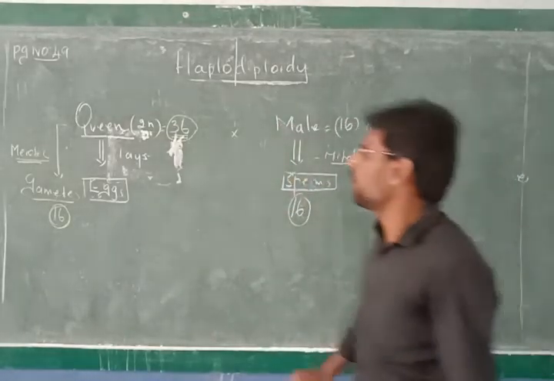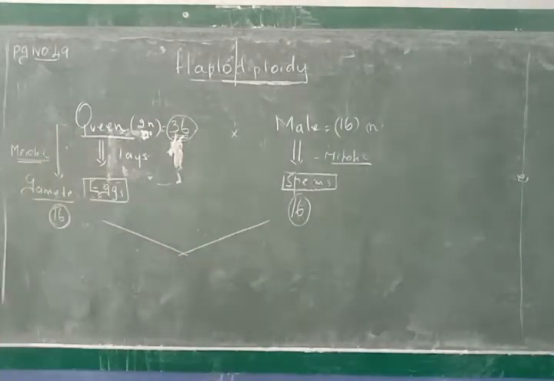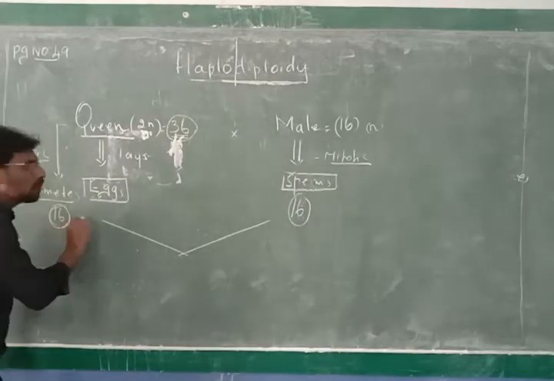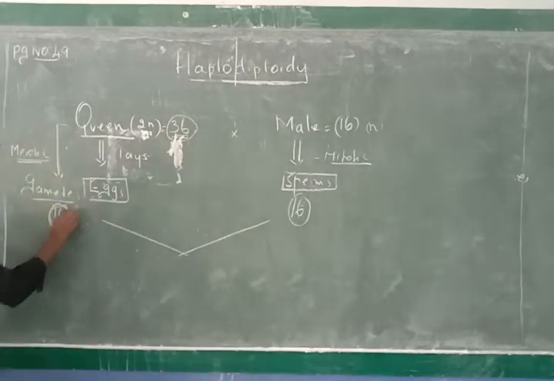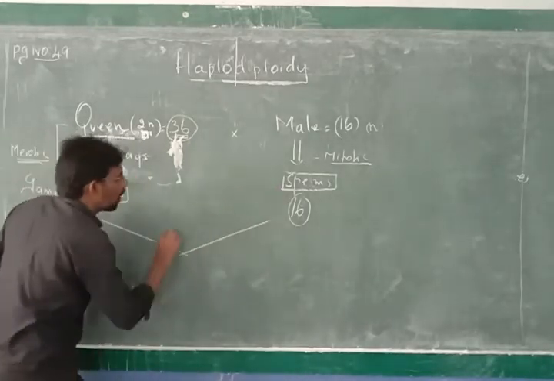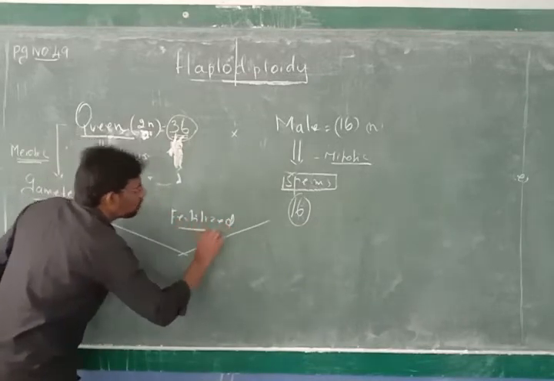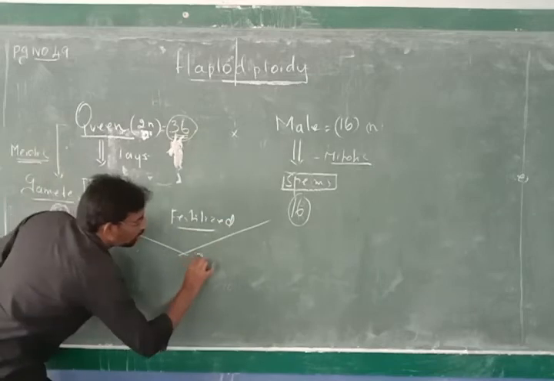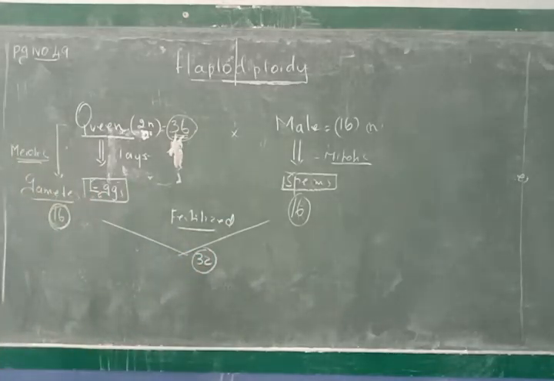Now, what is happening during fertilization? I told you what the honeybee will do after receiving the sperm cells from the male partner: it will allow certain cells to fertilize. Now, this egg cell is getting fertilized with the sperm. So when it is getting fertilized, it forms 16 plus 16, 32 chromosomes, diploid in nature.